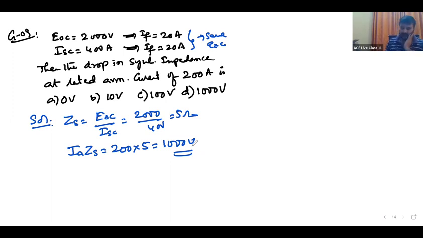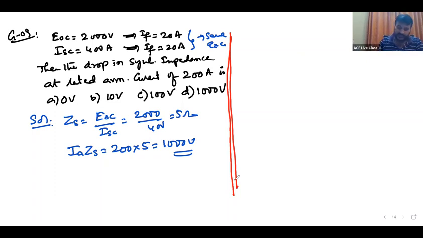Now, then another GATE question, from the GATE 2014 examination. That is also for 2 marks. The question is like this.